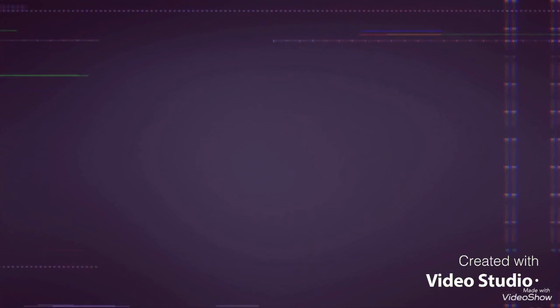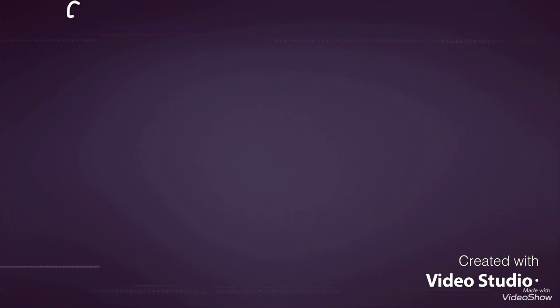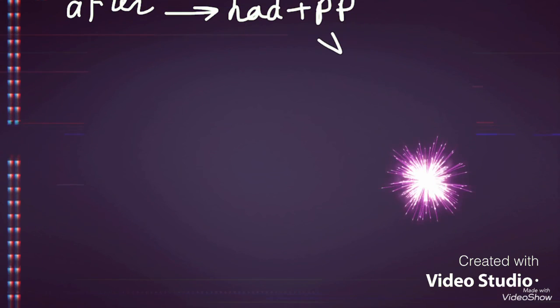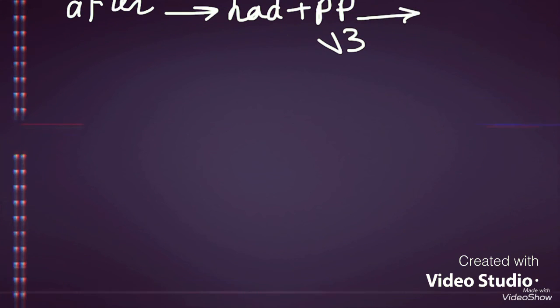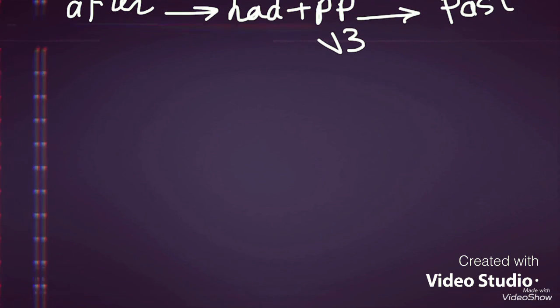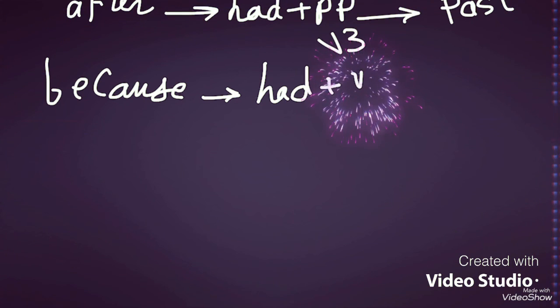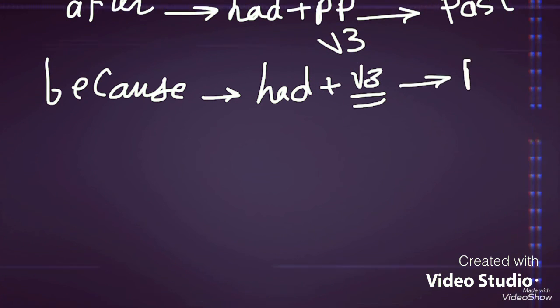So here we can say that when you see after, you will correct the verb with had plus PP or V3, and then you will put the next one in the past. Or if you see because, the same: had plus V3 or PP and then the past.